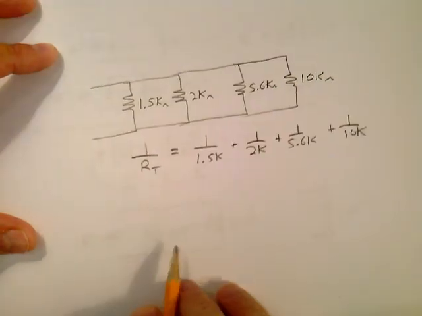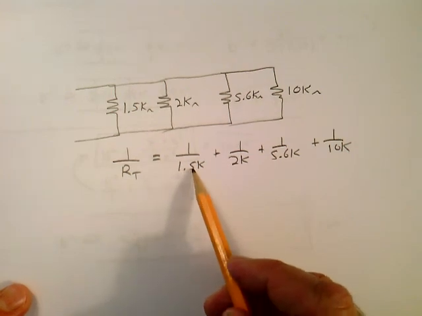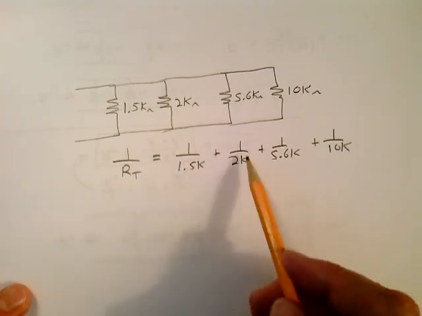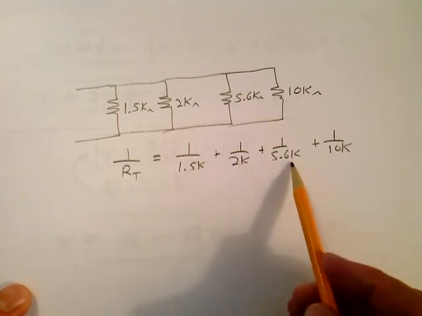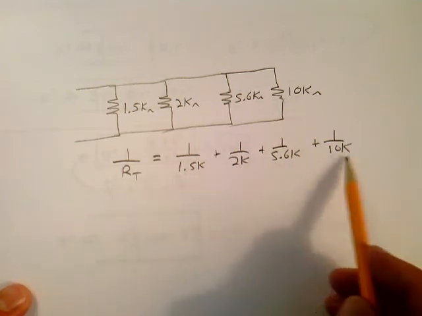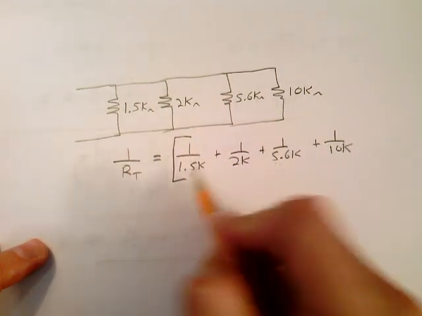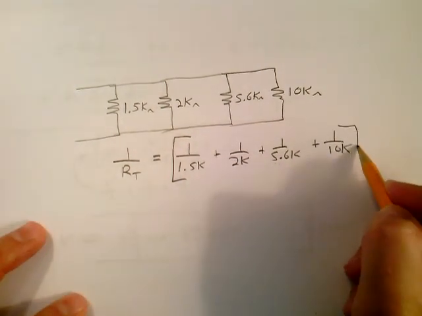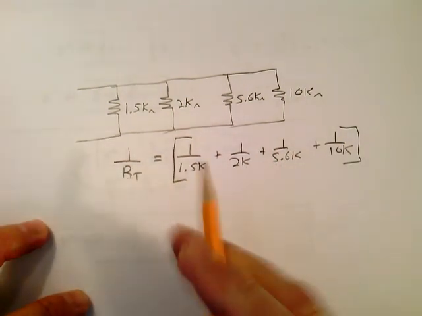This is the way I'd work it out. And what I'd do in my calculator is put 1.5 times 10 to the third and invert it, plus 2 times 10 to the third and invert it, plus 5.6 times 10 to the third, invert it, plus 10k times 10 to the third, invert it, and invert the whole thing. And you're going to get RT.